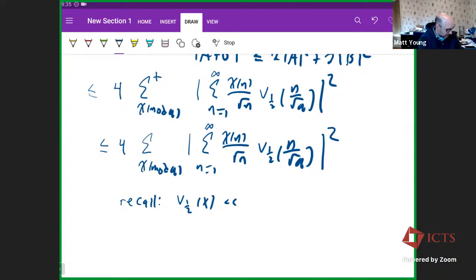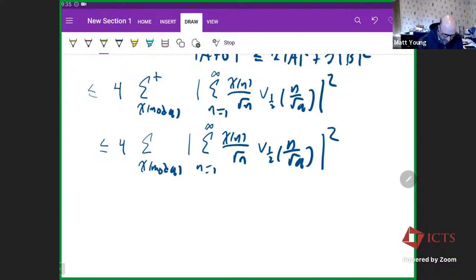I think we forgot to mention our bounds on v, didn't we? Yeah, I skipped that part. So we need bounds on v. I've got it in my notes and I forgot to cover it. So maybe a little interlude here.